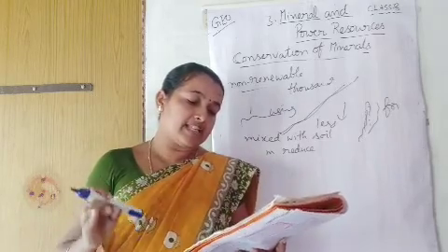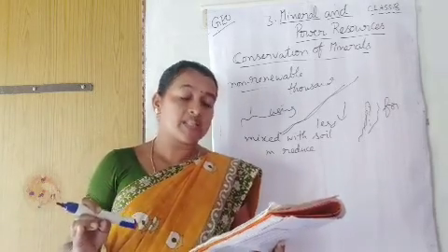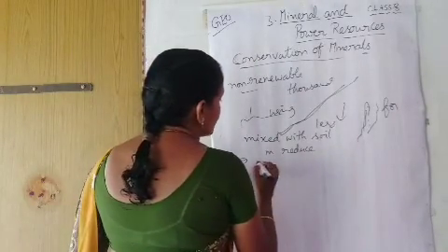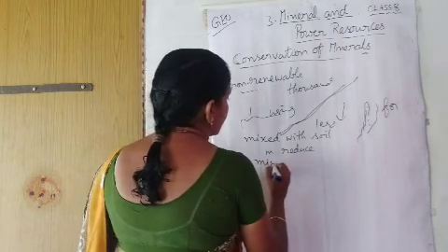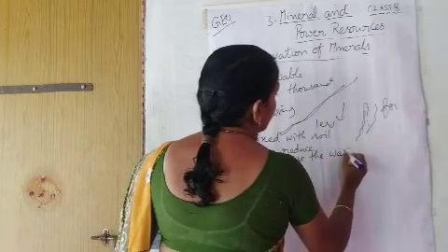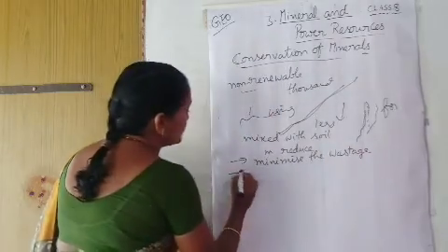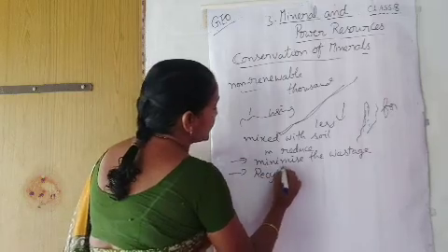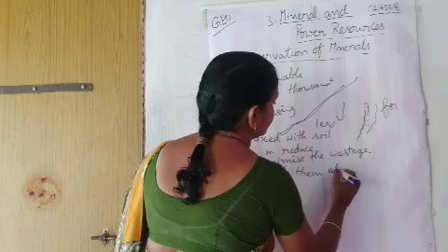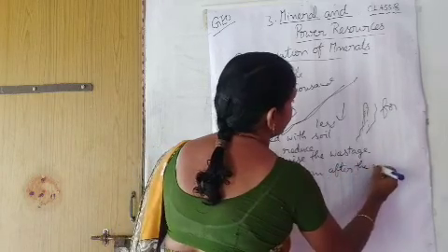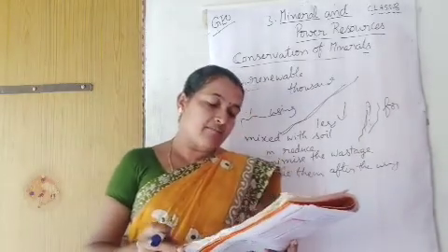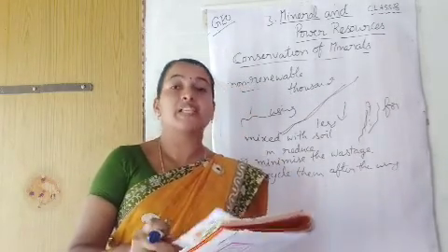Recycling of metals is another way in which the mineral resources can be conserved. So one way of conservation is to minimize the wastage, and the second is to recycle them after we use them.